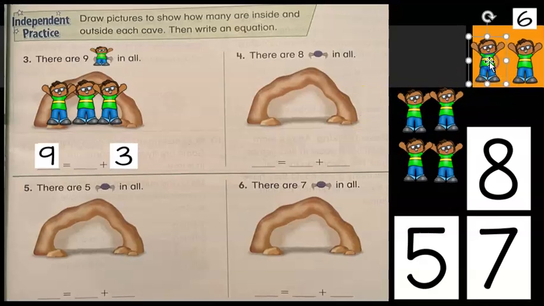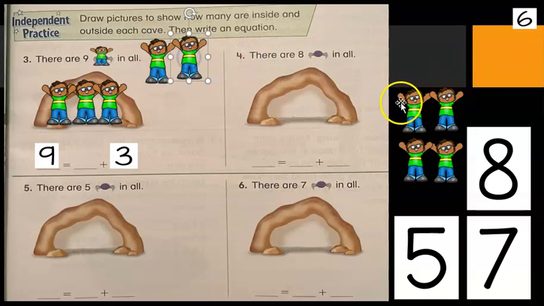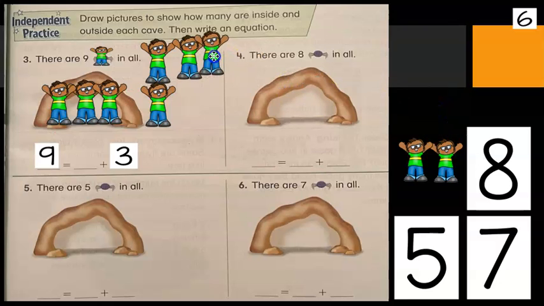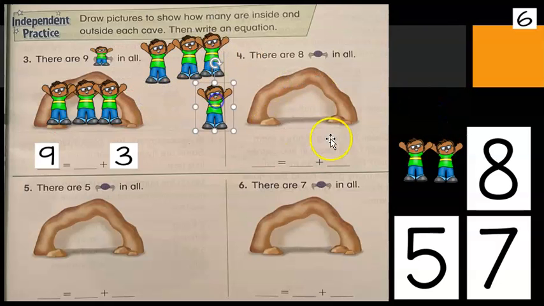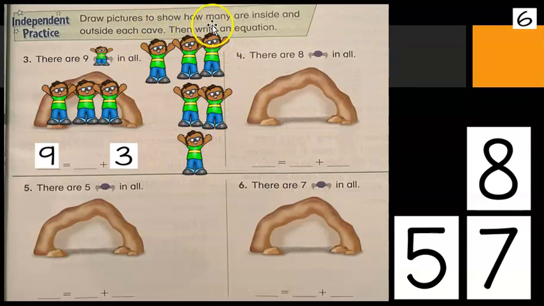So watch Mr. Begay. Let's see how many I'm going to put here. 1, 2, 3, 4, 5, and 6. Okay? Now look at that, first graders. You probably can really see the difference now.